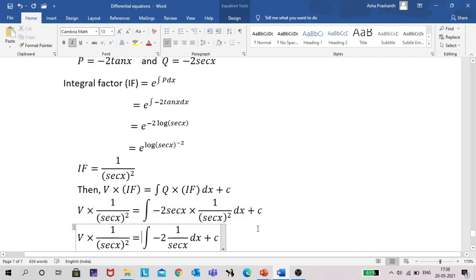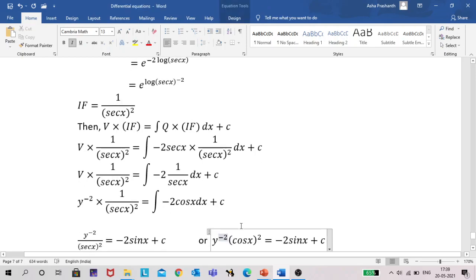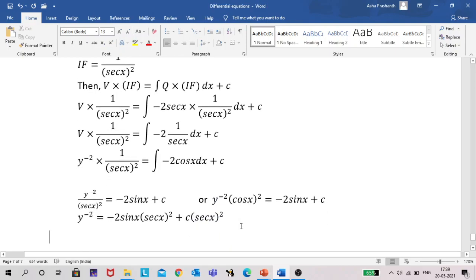Then secant x and secant x get cancelled, and we only get 1 over secant x. 1 over secant x is nothing but cos, since these two are reciprocal functions. Minus 2 is the constant, integration of cos x is sin x, so minus 2 sin x plus some integral constant.